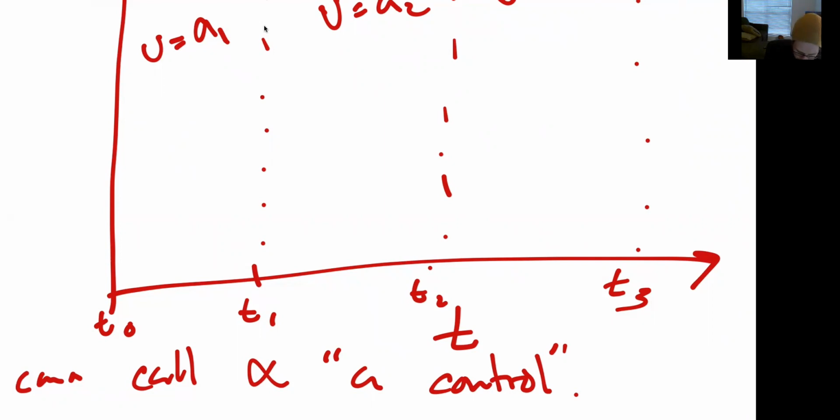All right, so now I mentioned that with optimal control, we want to optimize relative to something. So here we call this the payoff or cost.